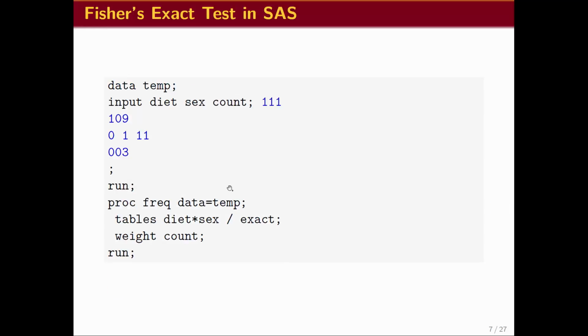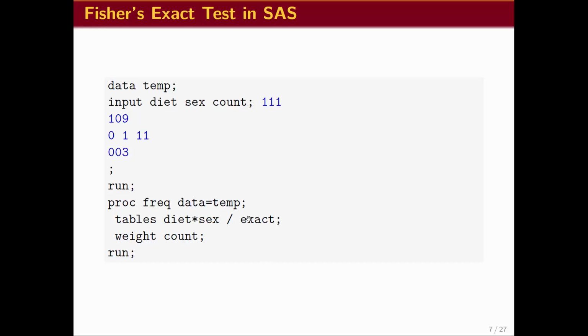In SAS, same idea. Here's just inputting the data. In PROC FREQ, you ask for this /exact option for these tables, and then you're going to get a similar output from SAS for the Fisher's exact test. If you don't ask for this exact test, you're probably going to get a chi-square test.